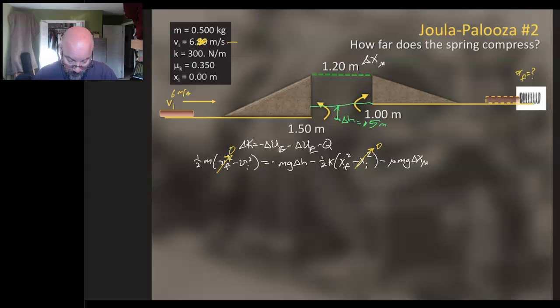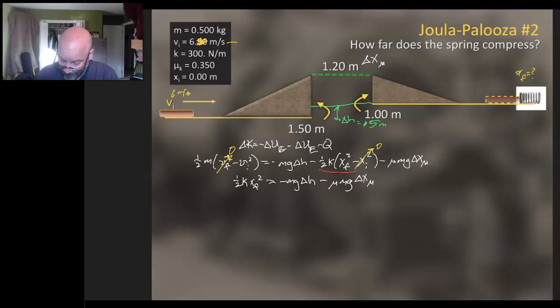So let's move some things around. So I want to move this term over to the other side. Okay, so we'll have 1/2 k x f squared. All right, and then we got minus mg delta H minus mu mg delta x mu.